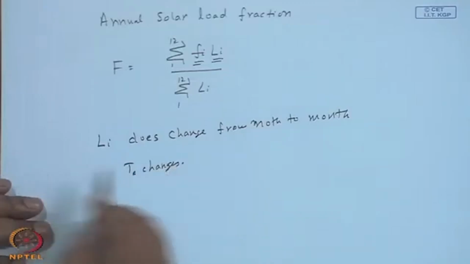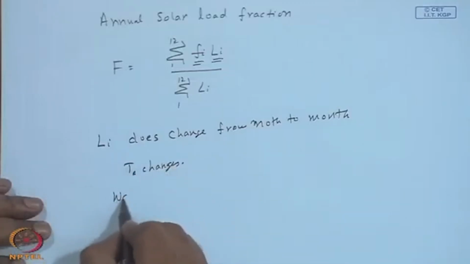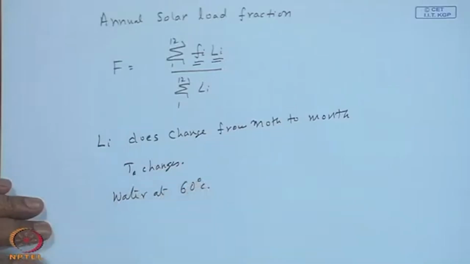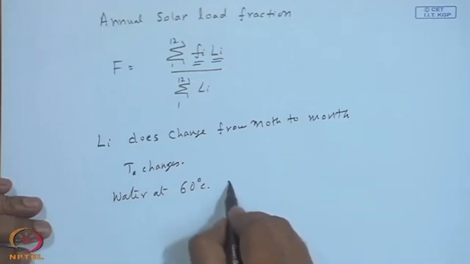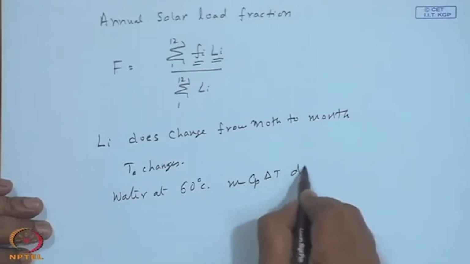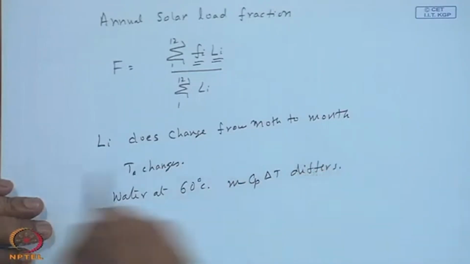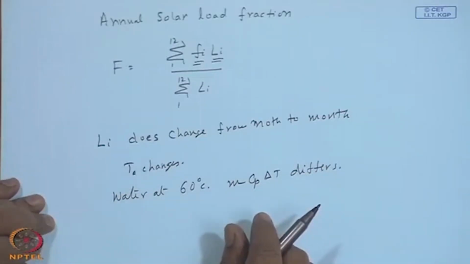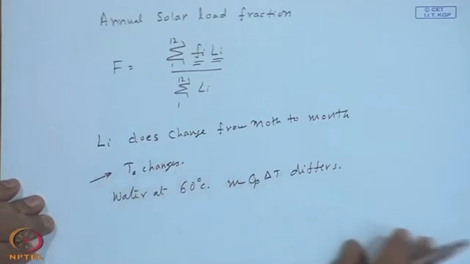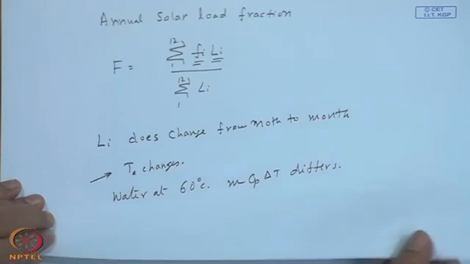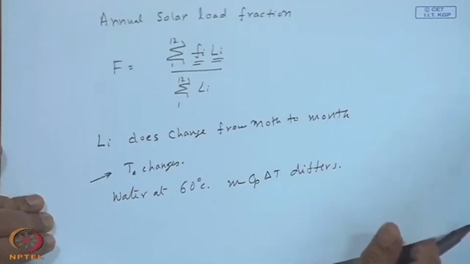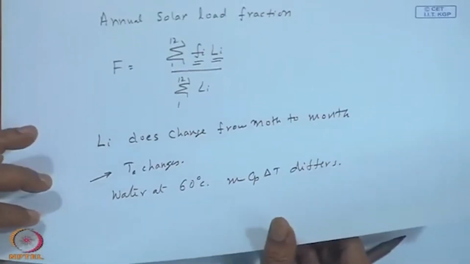Consequently, if you want water at 60, my energy m C p delta T differs, because my T a is changing. I am assuming for the time being that I am drawing the water from the open atmosphere, which is effectively at a temperature T a. So, L i changes considerably.